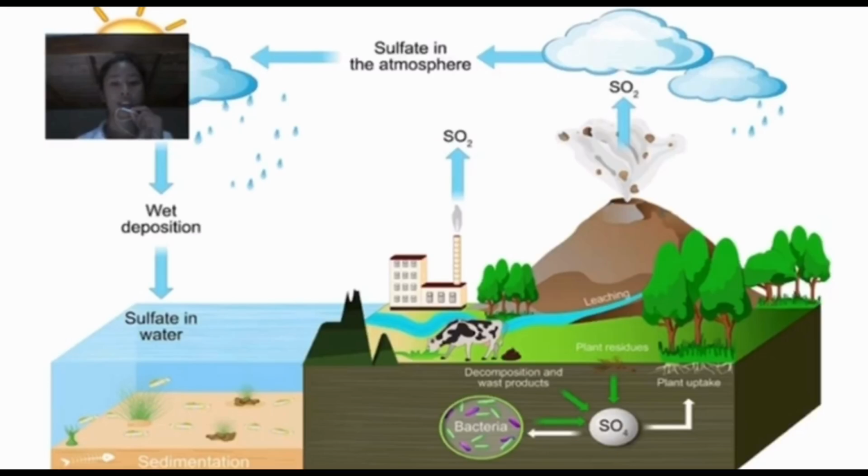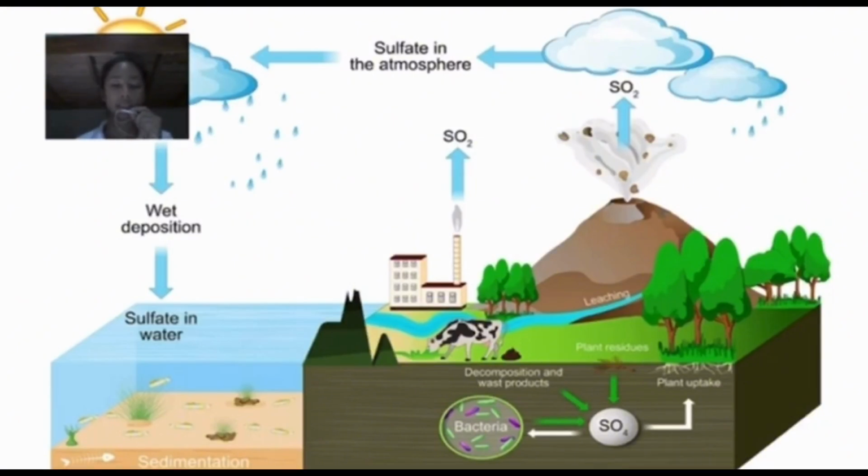By the action of certain bacteria such as Desulfovibrio desulfuricans, the sulfates in the soil are reduced back to hydrogen sulfide. The reduction occurs in two steps. First, sulfates are converted into sulfides, and secondly, sulfides are further reduced to hydrogen sulfide. During the sulfate reduction, the hydrogen sulfide that is produced is released into the atmosphere.